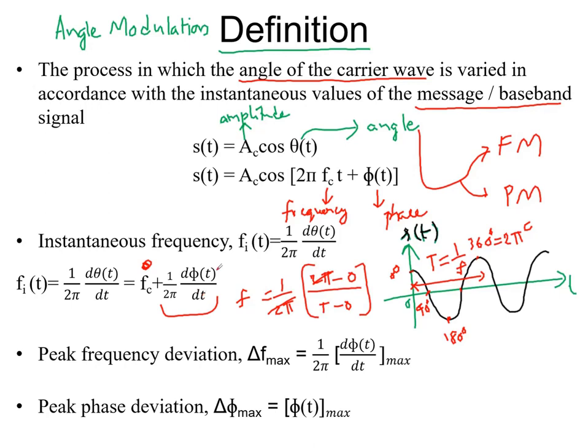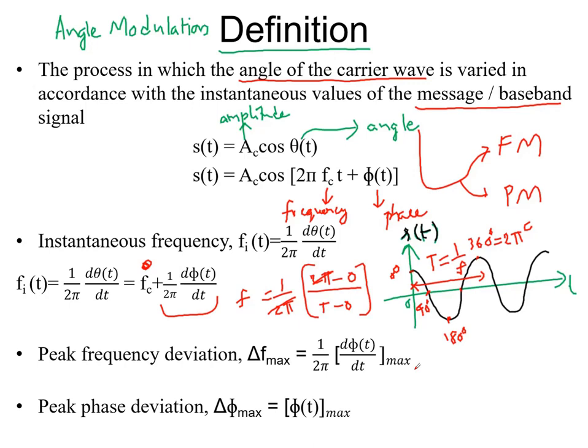That's why the maximum value up to which it can change is defined as the peak frequency deviation, which is represented by del f max. How to arrive at del f max? Obviously it is the maximum of the change of phase multiplied by 1 upon 2 pi. That's why 1 upon 2 pi d phi by dt maximum.